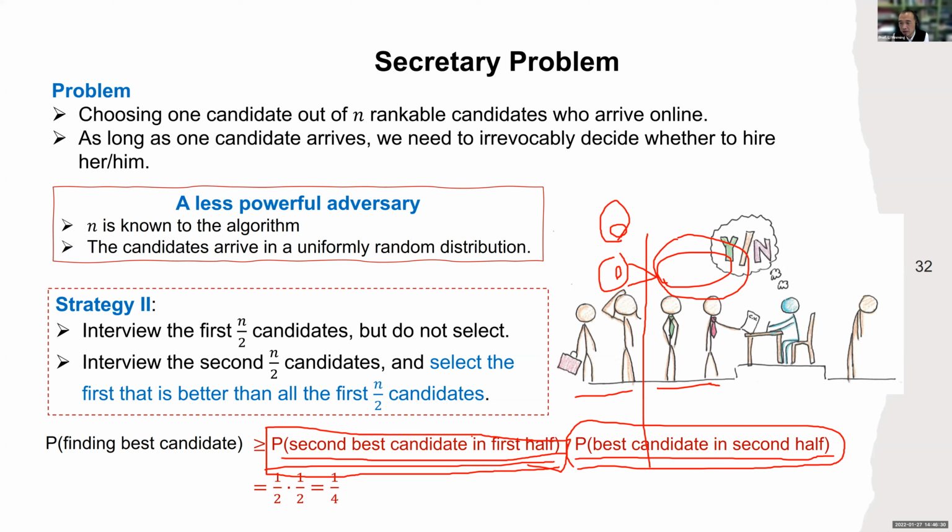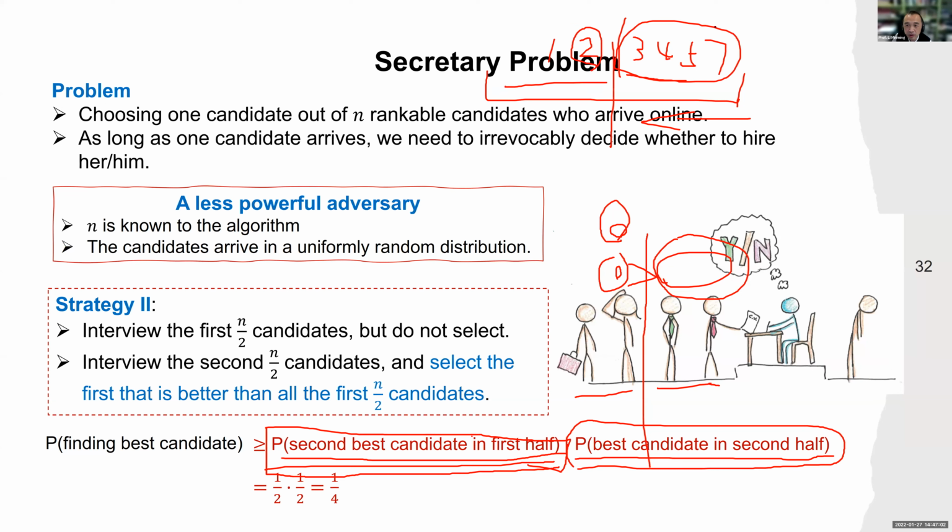Xinran asked, is the probability of finding the best candidate equal to half? Well, actually it's not. As I said, if you have a sequence of people, say 1 is here, 2 is here, something like 3, 4, 5, 7. You check in this order, and you pick the first half, and then in the next half the first one who is better than all of them is 2.